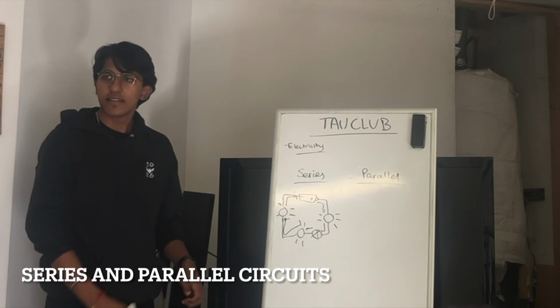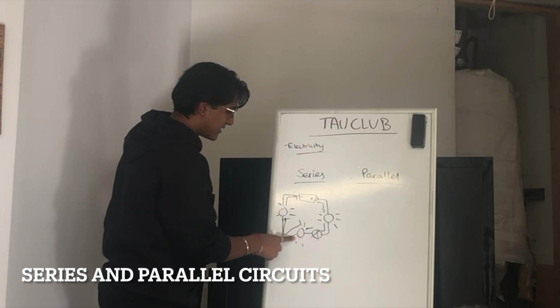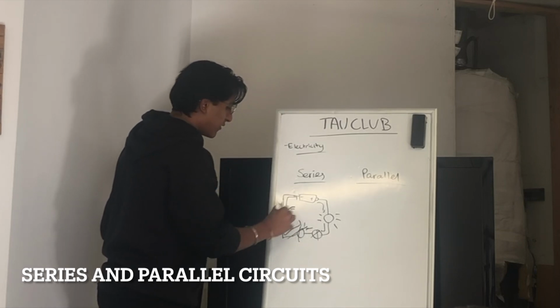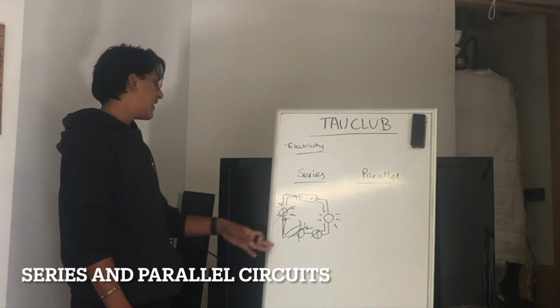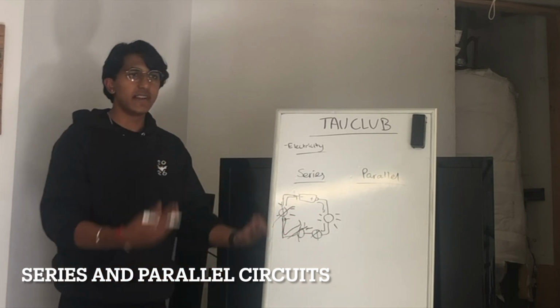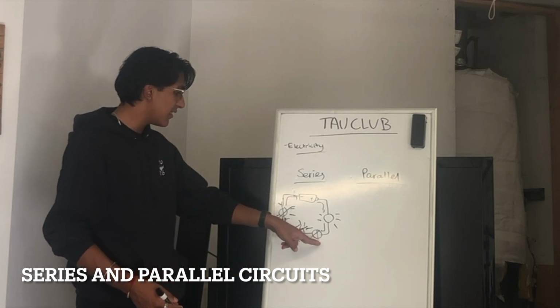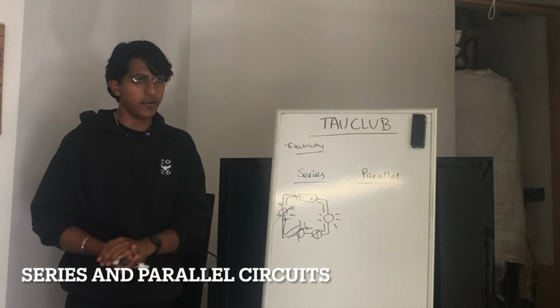Yes, the whole thing will stop. Precisely. After this, no more electricity can flow, and so both of these will stop working too. So that's one of the problems with series circuits, that you don't have redundancy, or you don't have checks for errors. If you have an error in one, then the rest of them are all gone.